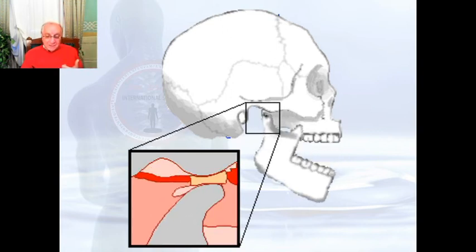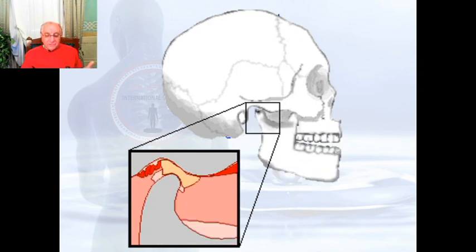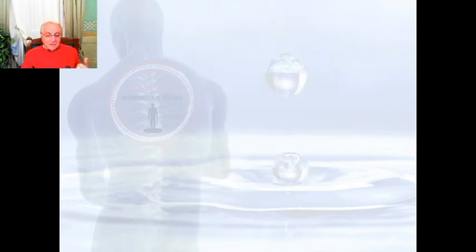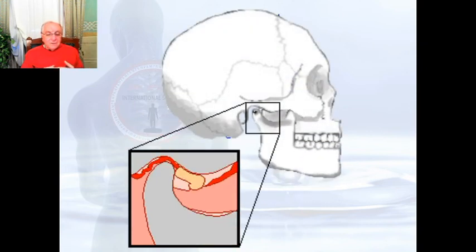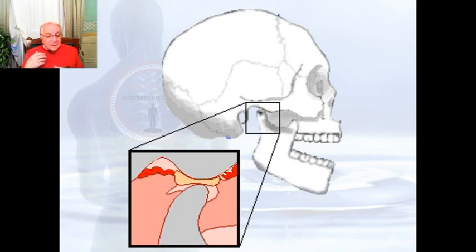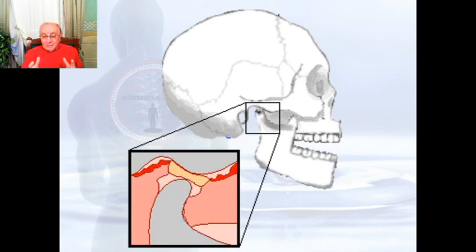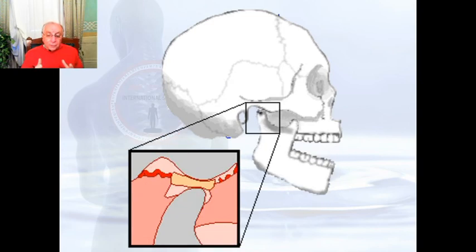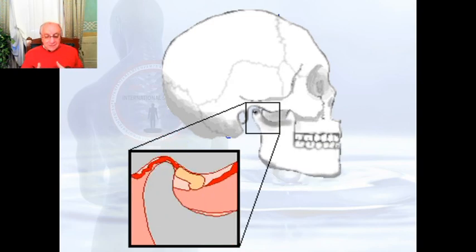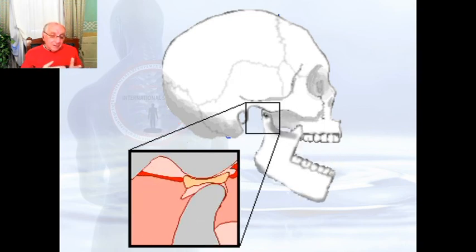But sometimes, for different reasons, we will see the reasons in other videos, we feel a click. A click is no more than an incoordination of the disc and the condyle. But it's not a real problem.